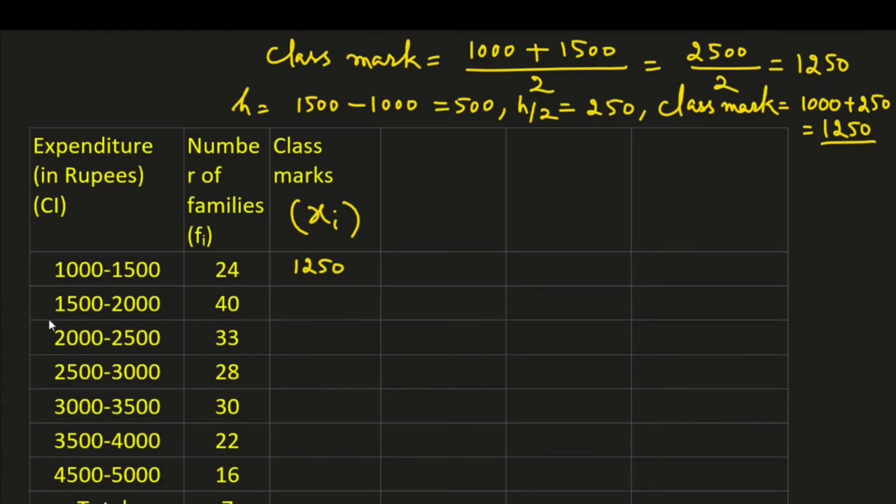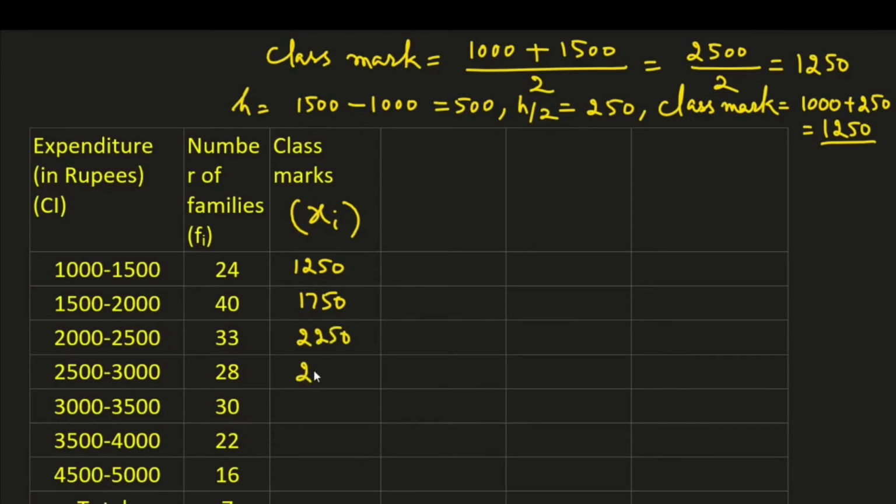So here in the second class interval, the lower boundary is 1500. Add 250 to this, as half of the class size is 250. We will get xi value 1750. Here 2250.